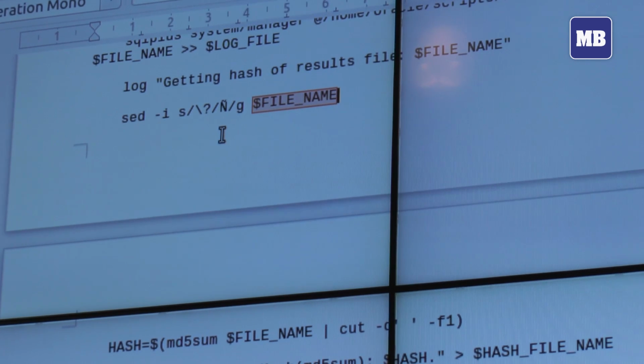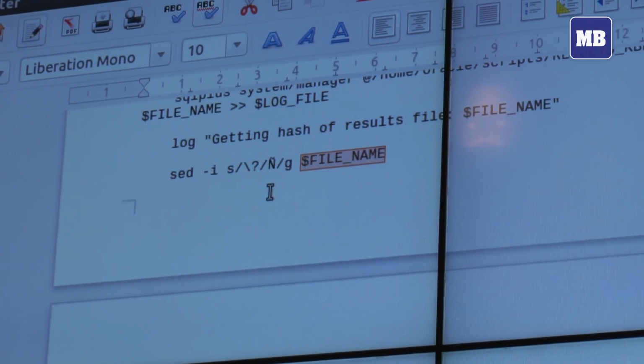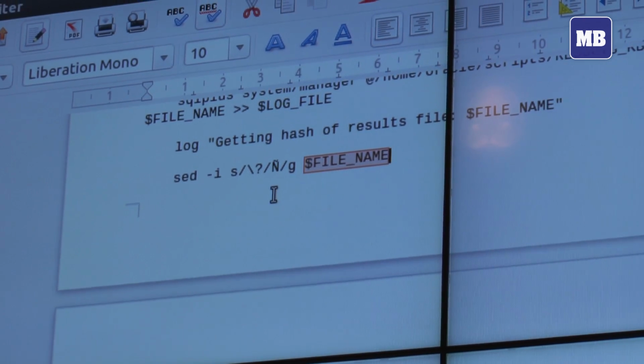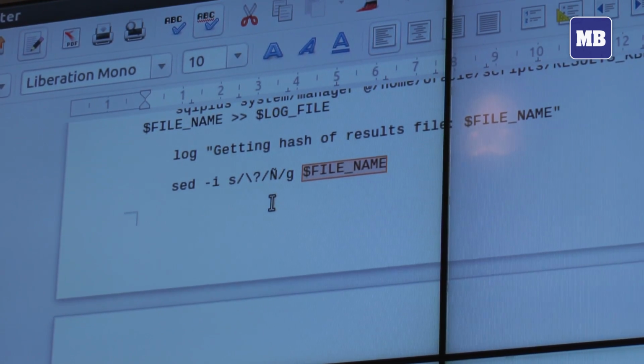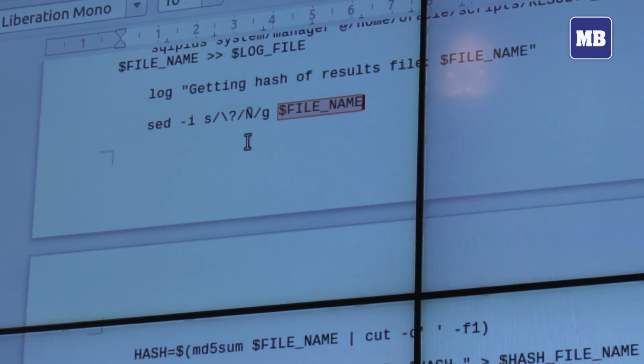So when you take a look at the file, you will have the names correctly spelled. It's not going to look ugly. Because instead of seeing Osmania, you're seeing Osma question mark ia. It doesn't look good, right? So it's better to make it look right.